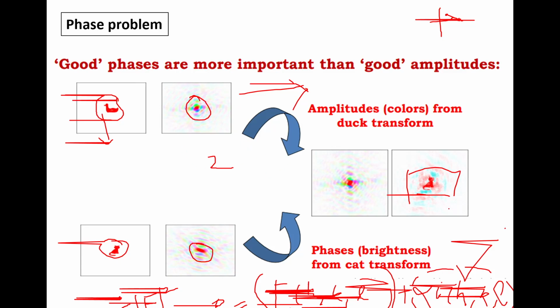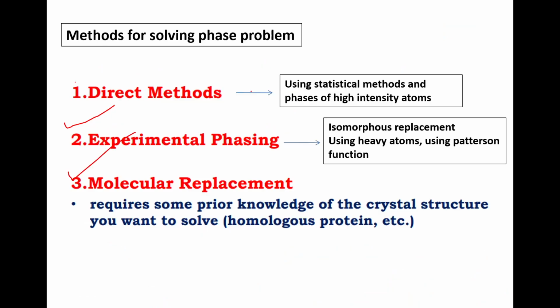But that is not the case; instead, you get an image that looks like a cat. That is why these phases are more important than the amplitude. So people tried to find out how to calculate these phases in X-ray crystallography, because it was leading to a huge problem for X-ray crystallographers.